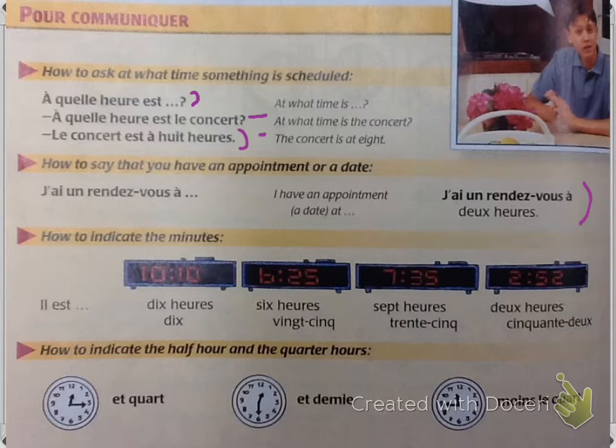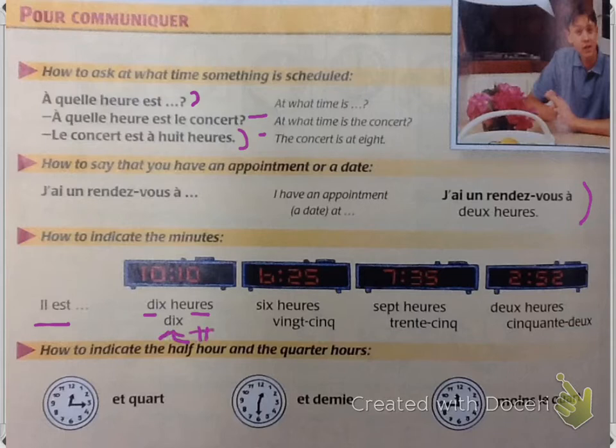So our next section here is how to indicate like the specific amount of minutes. So if you wanted to say it was 10:22 or 5:03, okay? So you'll see here, we still start with il est. We still have our number and then our h, but now we have a second number, right?